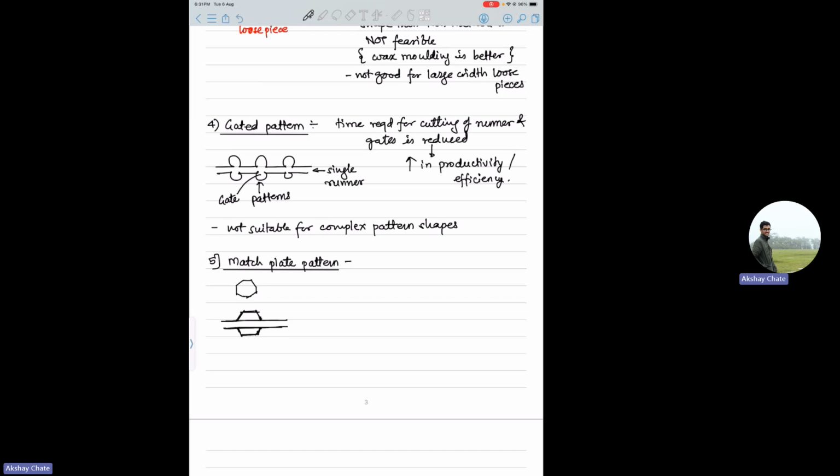Once you remove the match plate, then you remove the pattern also. The plate is initially like this, but the runner becomes an integral part of the pattern. So when you finally pour, like that.